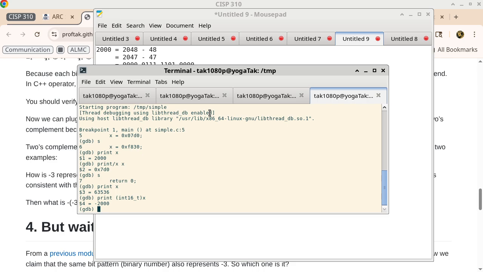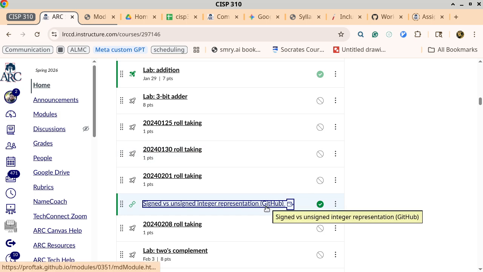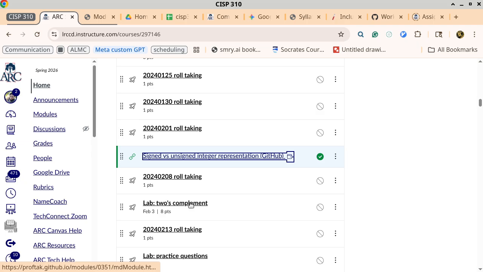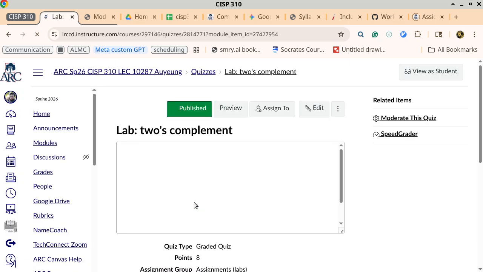All right, perfect timing. So now we are ready for the lab, but you should not leave yet because you need an access code to the lab. That is two's complement. There we go. And I think I set up all the time and stuff like that already.